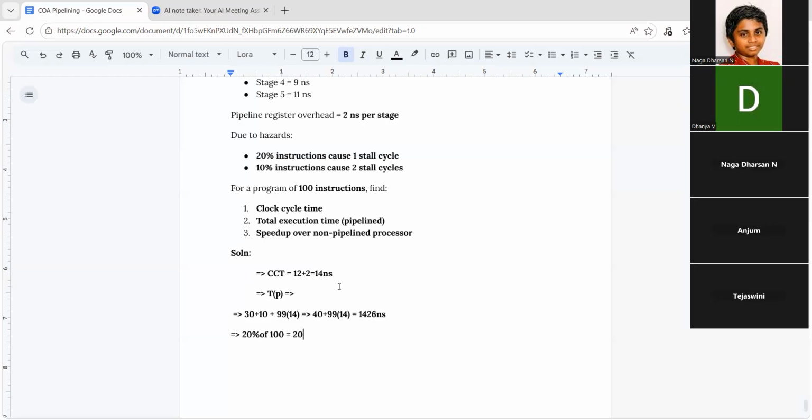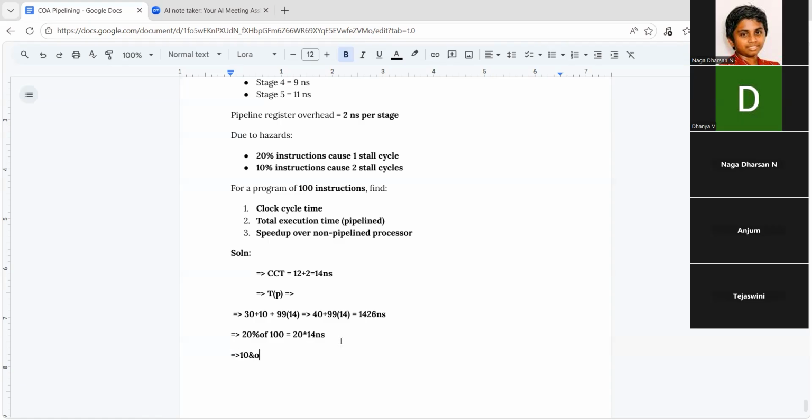Since each of these 20 instructions causes one stall cycle, we multiply 14 nanoseconds for each, and this time will be added to the total time we have till now.